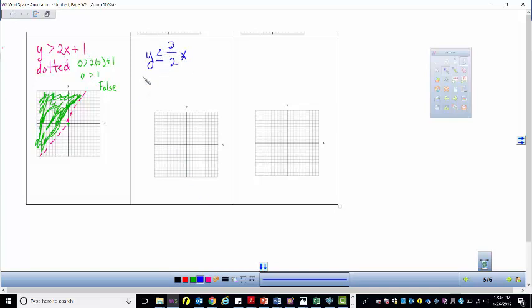It has the equals, so it's solid. Then I'm going to graph. Well, this one starts at 0 because there's nothing there, so that means I start at 0. There's no y-intercept. The y-intercept is 0. So then I go up 3 over 2. And I can do that again. I could go this way. And I draw in my solid line.